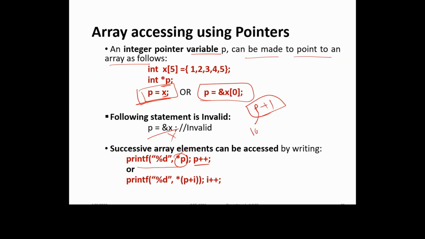If p contains 1000, then p + 1 means 1 into 4, so p + 1 will be 1004. So we can write *p and increase the value of p, or we can also write *(p + i). We can increase this i starting from 0.